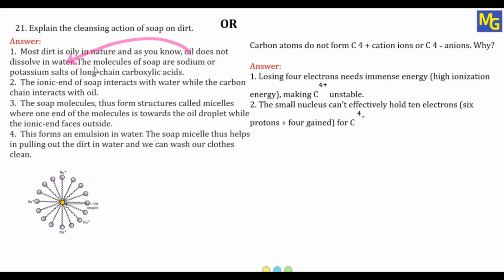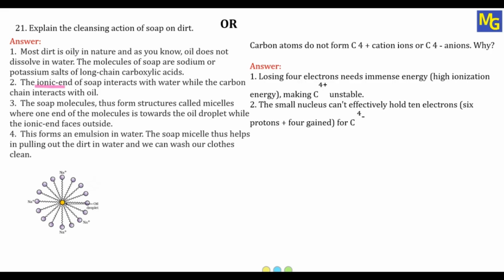So see here, the molecules of soap are sodium or potassium salts of long chain carboxylic acids. So what is soap? Soap is nothing but sodium or potassium salts of long chain carboxylic acids. The ionic end of soap interacts with the water, while the carbon chain interacts with the oil. So whatever soap we have, the molecule of soap has two ends or two parts.